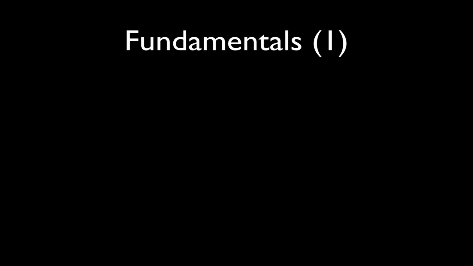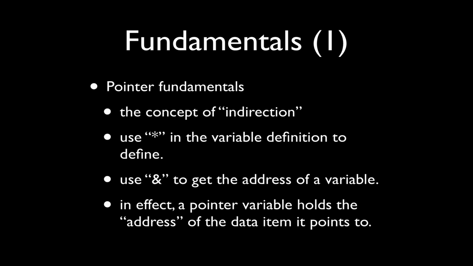To understand pointers properly, we need to think about the concept of indirection. Let's say, for example, you work at a company named Acme Widgets, and you need to buy a new MacBook Pro.